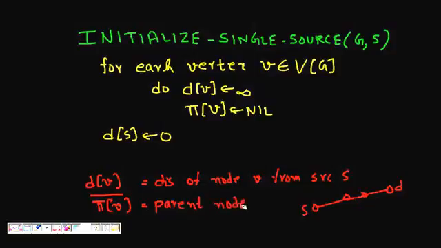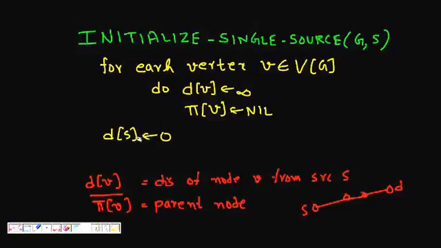In the initialization, when I am just starting to find the single source shortest path, for each vertex, where V[G] is the set of all vertices, I don't know yet the shortest path, so I will make them infinity, and I don't know from where I will reach that node, so pi of V is nil.